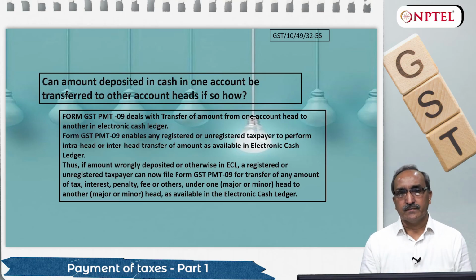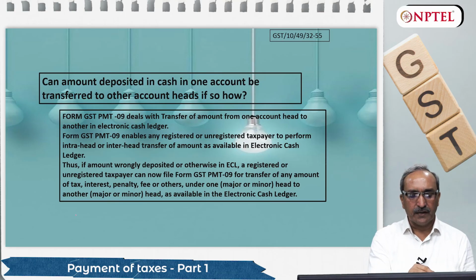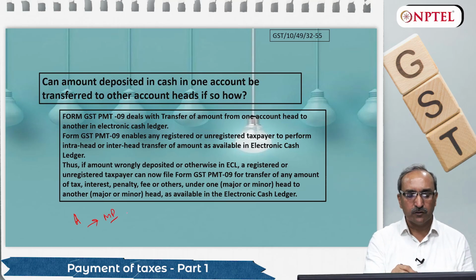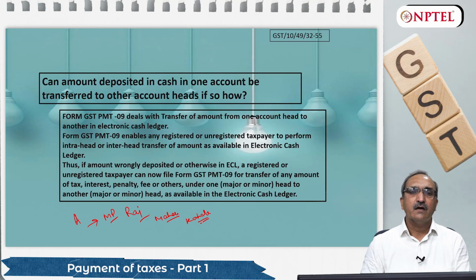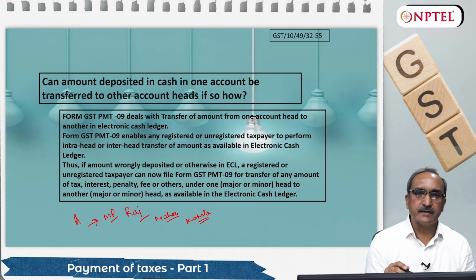So if a company A is operating in Madhya Pradesh, also in Rajasthan, also in Maharashtra, also in Karnataka, it has an electronic credit ledger and electronic cash ledger in each of these states.